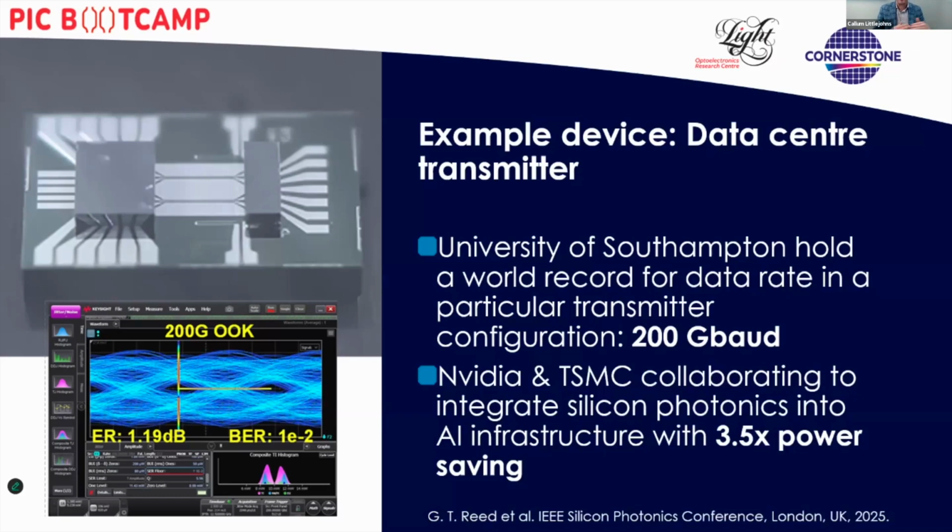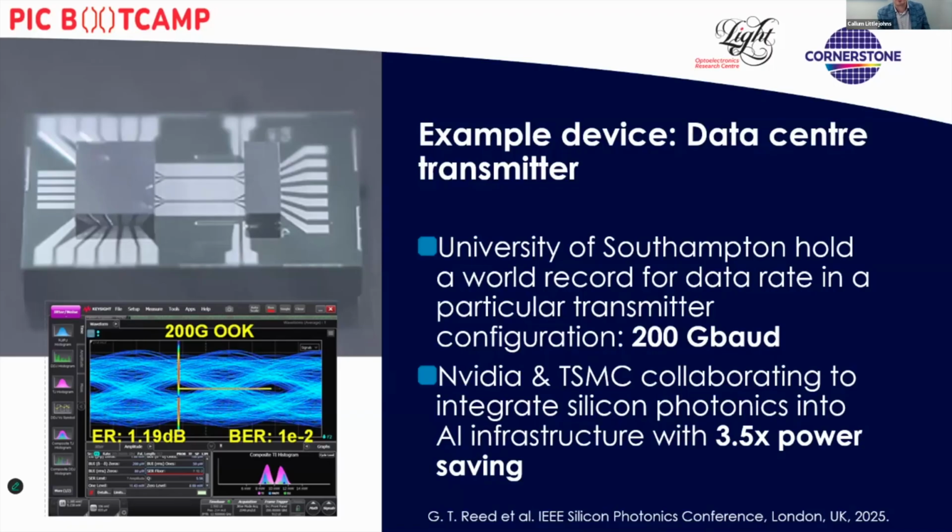I'm running short of time, so I'll just whistle through two examples of devices. This is some work from my colleagues in the research group at the University of Southampton, showing, to the best of my knowledge, the fastest silicon photonics, or all silicon, modulator of a particular device configuration.